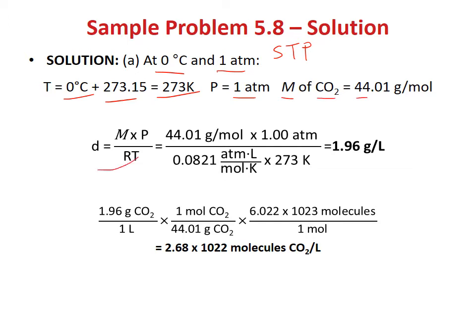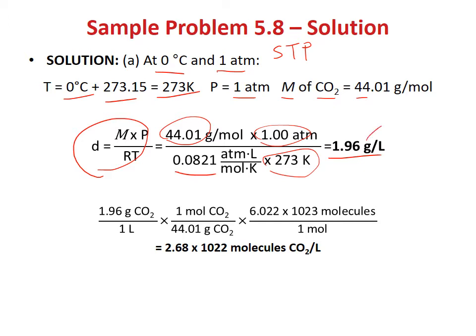So plug into this equation: molar mass 44.01, pressure 1 atmosphere, temperature 273 Kelvin, and the R constant is 0.0821 atmosphere liter per mole per Kelvin. And that gives you 1.96 gram per liter.